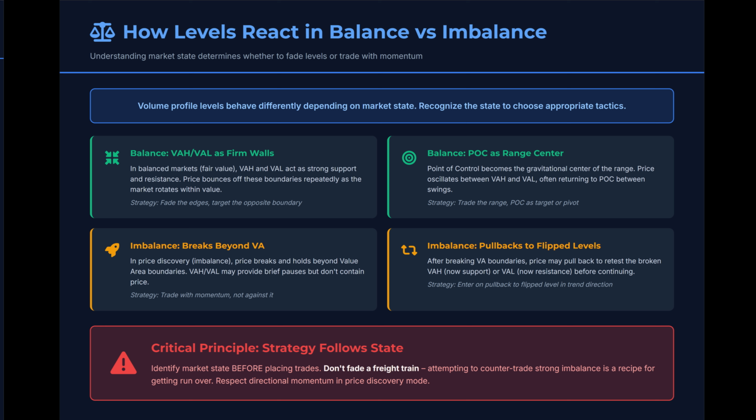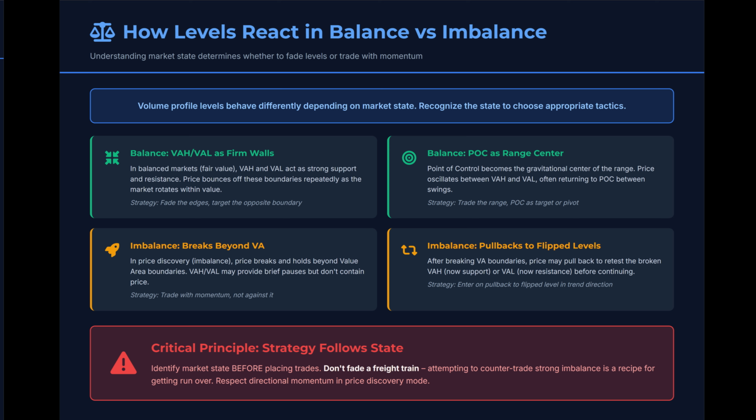When price drops near the VAL and shows acceptance signals, buyers stepping in, bullish candle closes, you take long positions targeting the POC or the VAH. This mean reversion strategy works beautifully in balance because the boundaries are reliable. You have a defined range, clear entry signals, and a high probability that price will revert to the center.